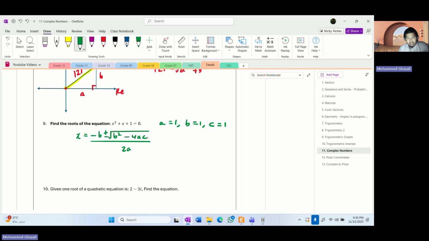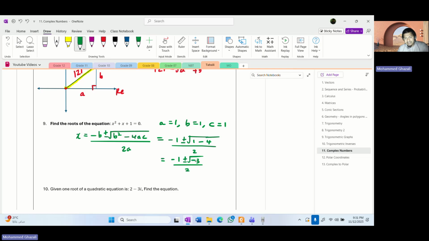So let's substitute everything into this quadratic formula. So negative b will be negative 1 plus minus the square root of b squared, which is 1, minus 4ac. 4 times a times c is just 4, divided by 2 times 1, which is 2. So we got negative 1 plus minus the square root of negative 3 over 2.